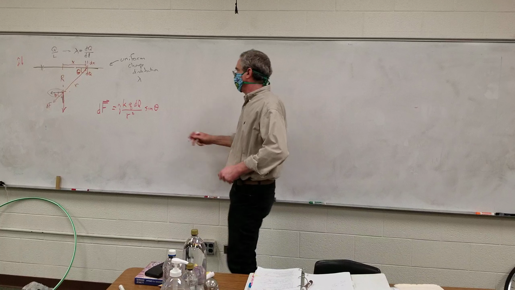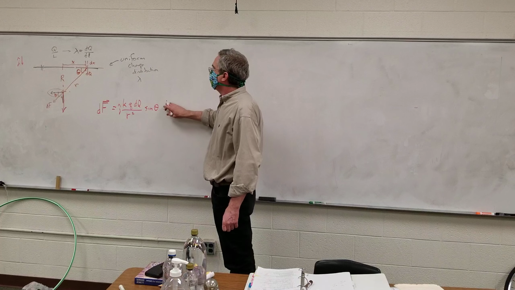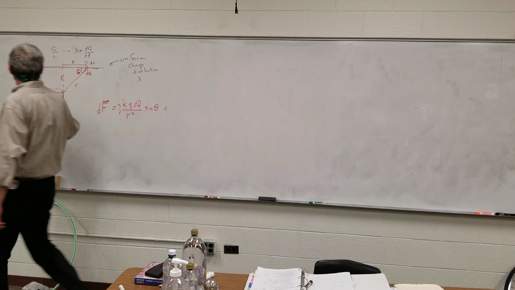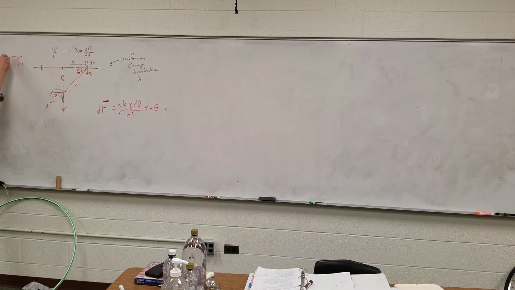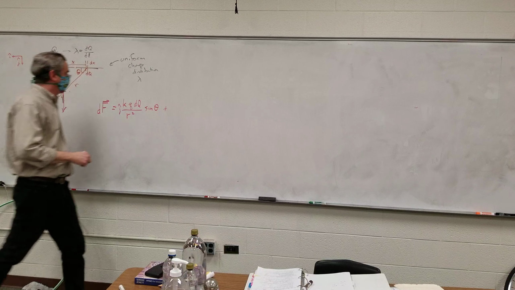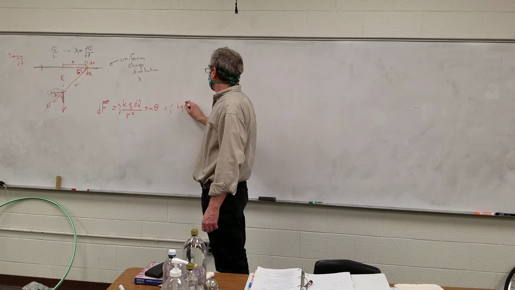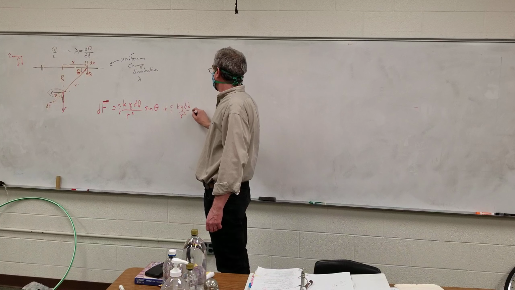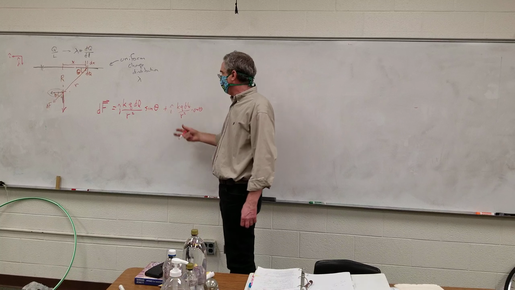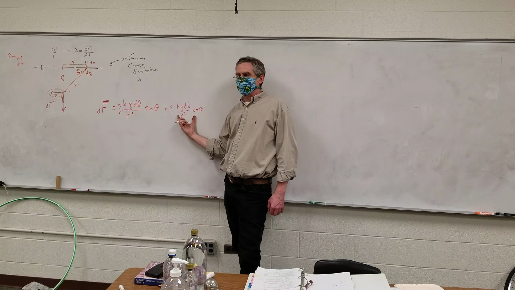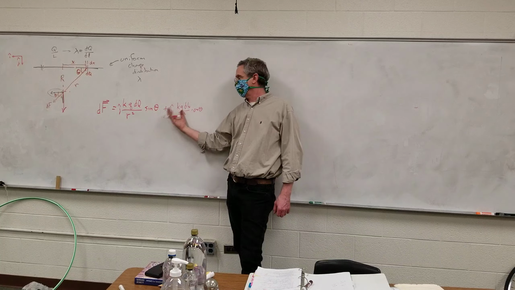For the math purists in the group, there is another component. I'll make i hat to the left: plus i hat k q dq over r squared cosine theta. And when you integrate, the second term is just going to go to 0. That's the part that we reason is going to go away.